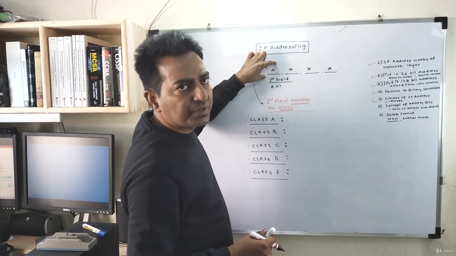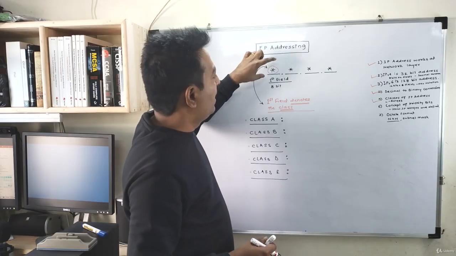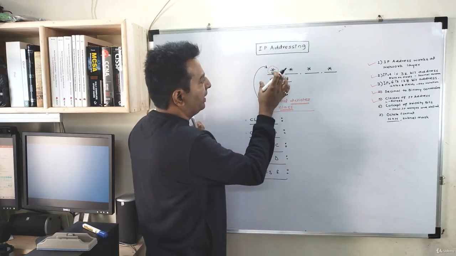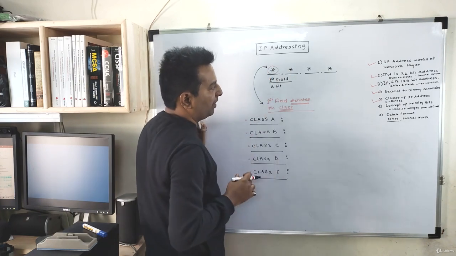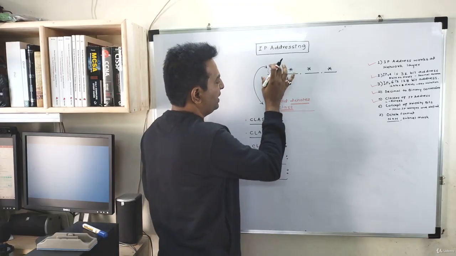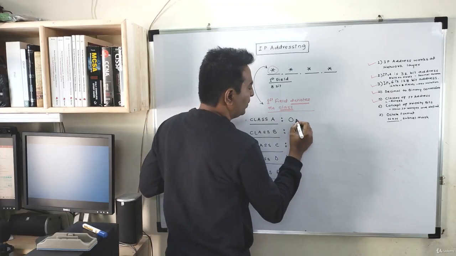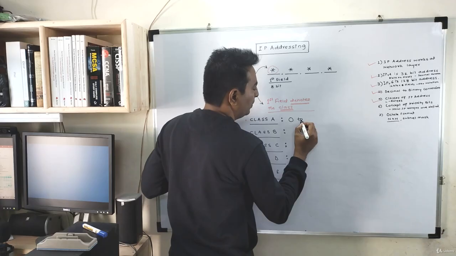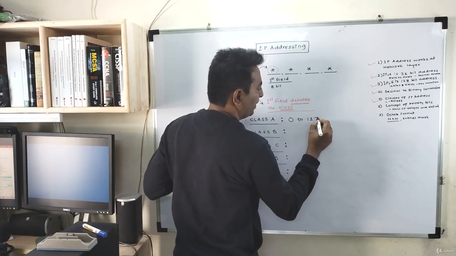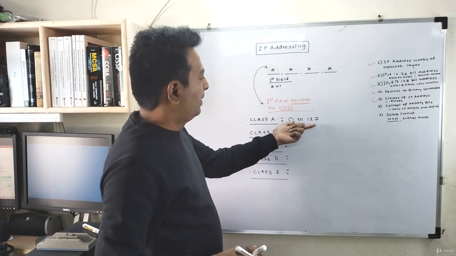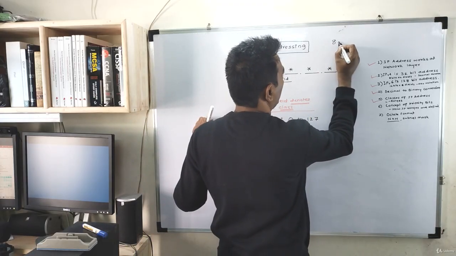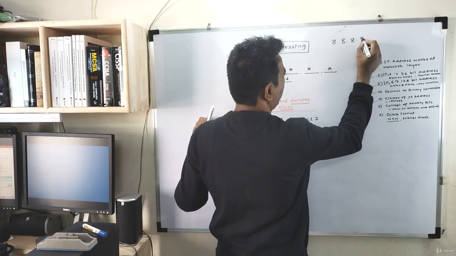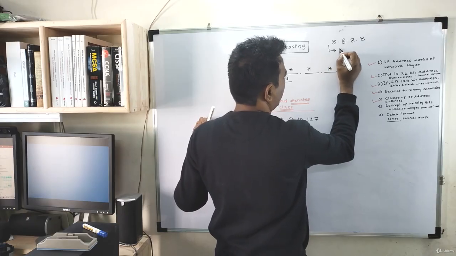Now look at the first field of the IP address. Consider you find a number between 0 and 127. For example, take the IP address 8.8.8.8. You must know this address; it is the global DNS address.